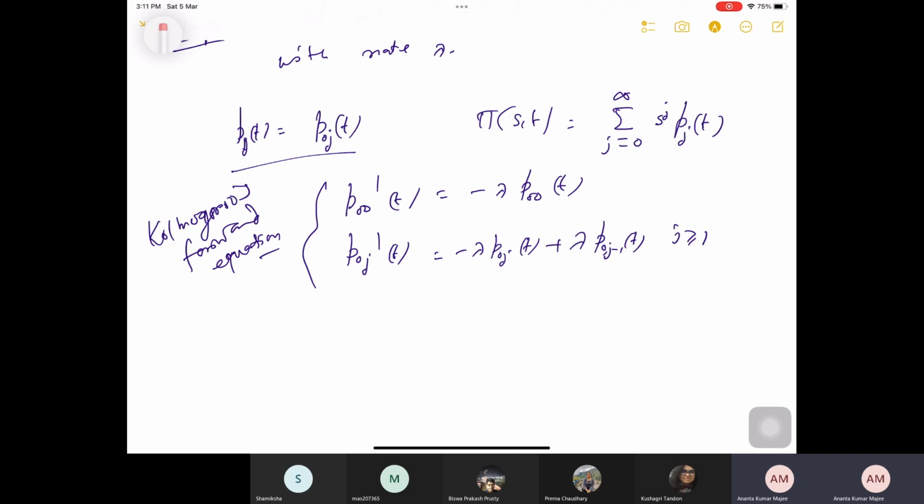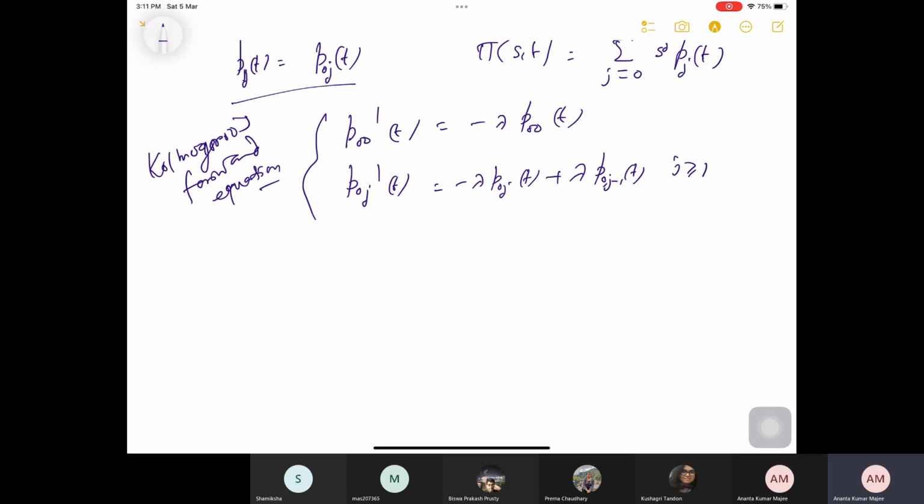This is the short notation I am using, and then you can write down p_00' and p_0j'(t) using this formulation. But you have that the derivative with respect to t of pi(s,t) is actually lambda times (s minus 1) times pi(s,t).